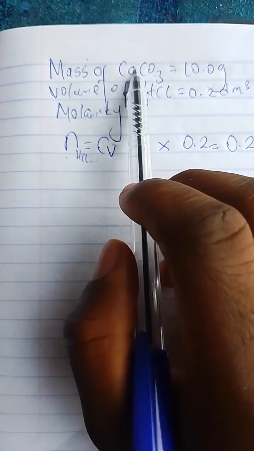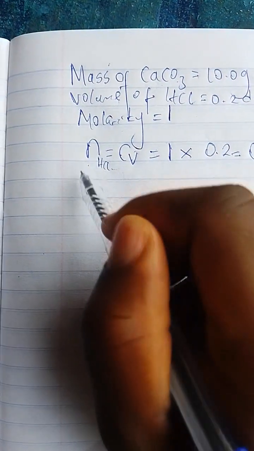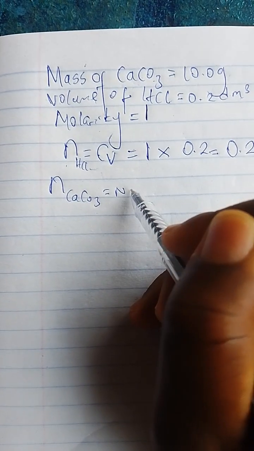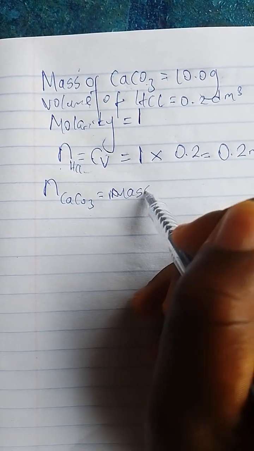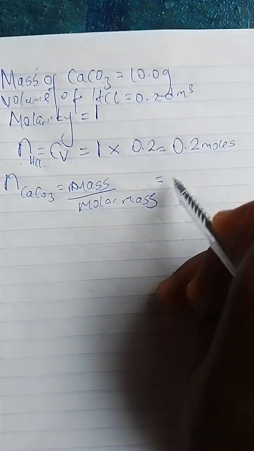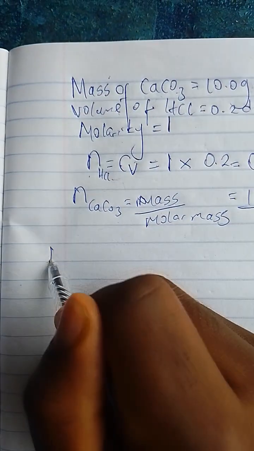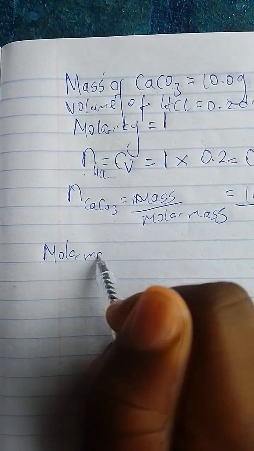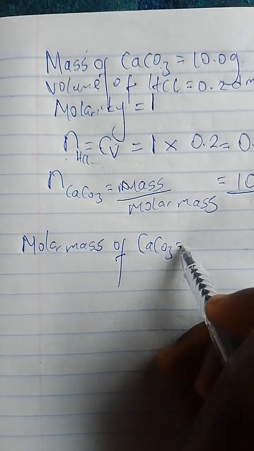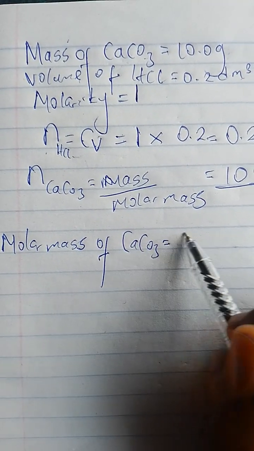Now we're also given the mass of limestone, 10 grams, and we can use this formula to find the number of moles of limestone, which is mass over molar mass. We're given the mass to be 10 grams. Now the molar mass, let's calculate it together. Molar mass of CaCO3 is the addition of their mass numbers.